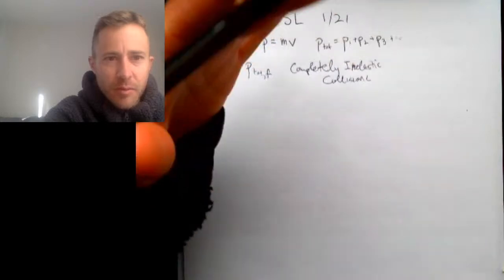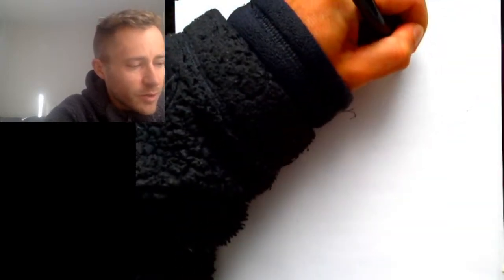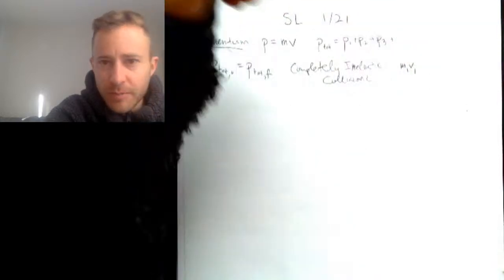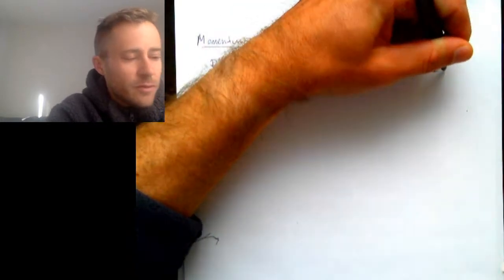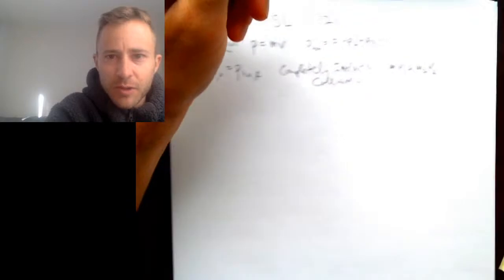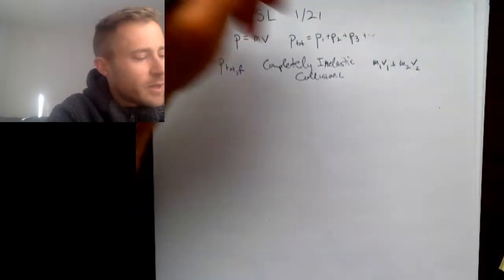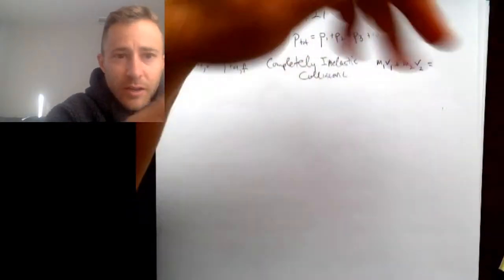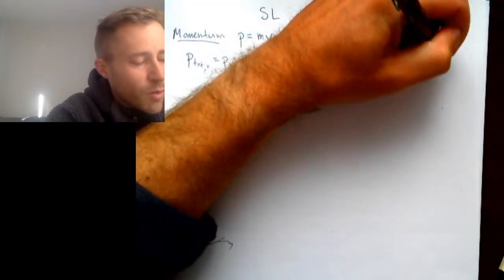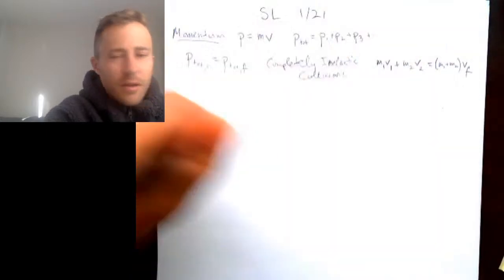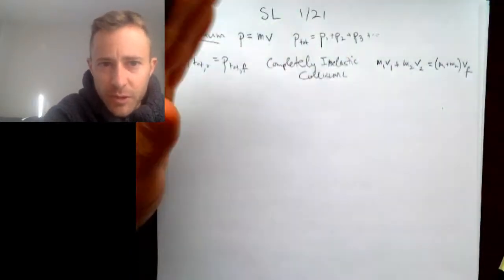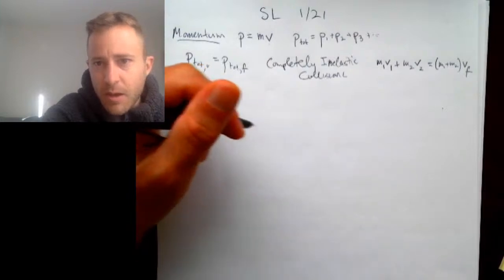So basically they become one object. So your conservation of momentum equation, you have m1 v1, that's the momentum of the first object, plus m2 v2, that's the momentum of the second object initially, equals, and then they collide and stick together, so now they're like one object of size m1 plus m2, and you can solve for whatever you need to solve for in this equation.